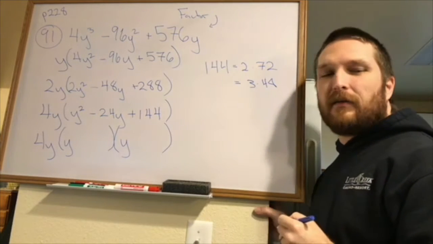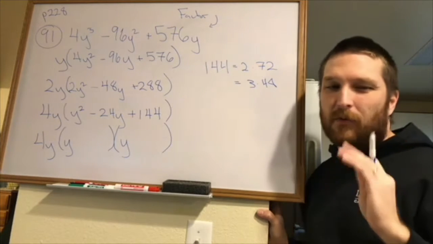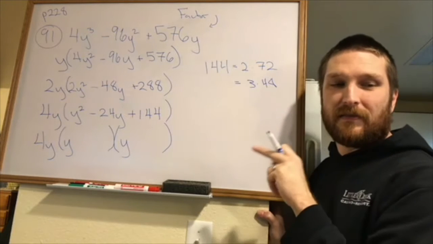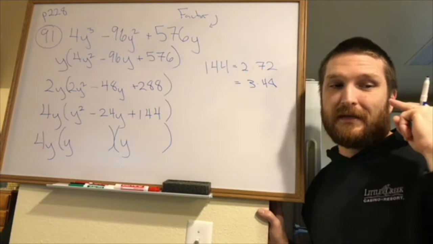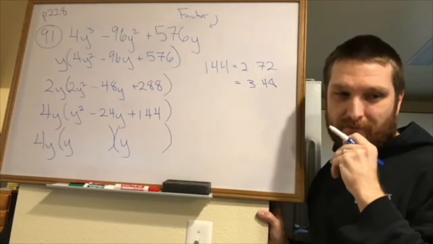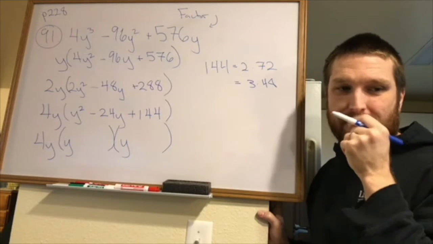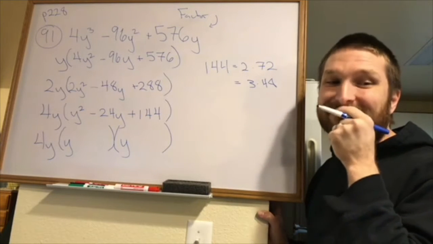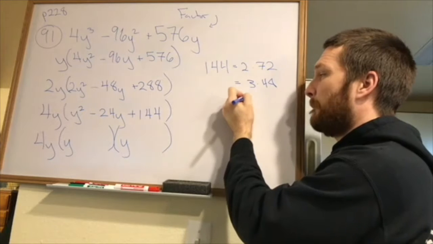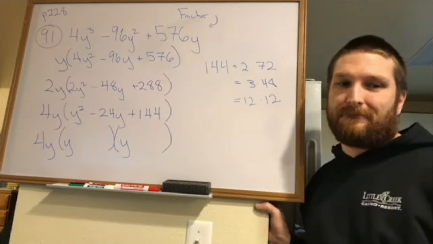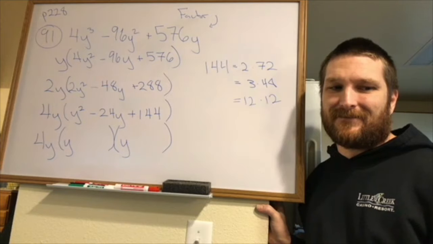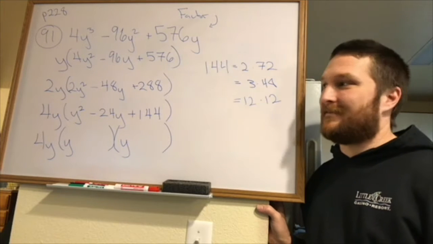One thing that we should have in the back of our mind when we're doing this are perfect squares. Is 144 a perfect square? Probably. How about that guy? Okay.